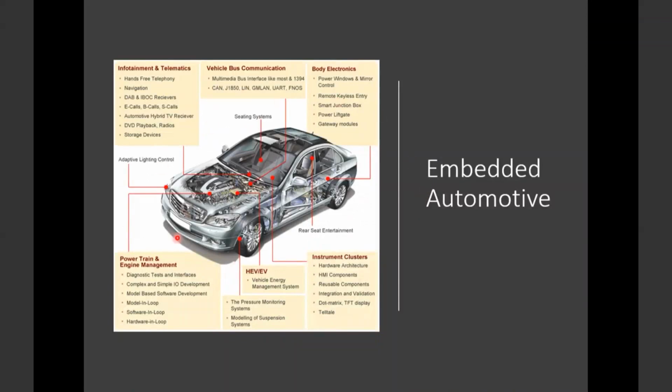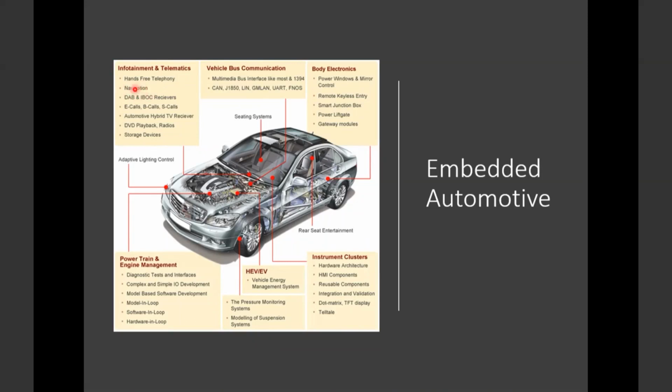As I mentioned earlier, inside a single car you can have a lot of embedded systems, starting from infotainment and telematics, which gives you hands-free calling, and then navigation to navigate from one point to another, either using Waze or the Garmin installed inside your car.